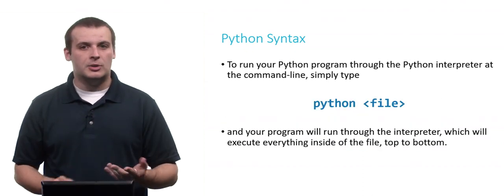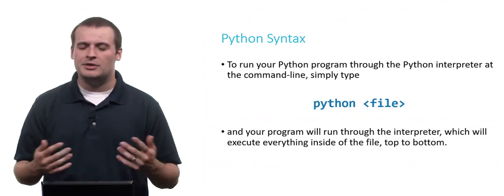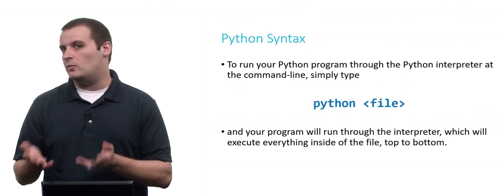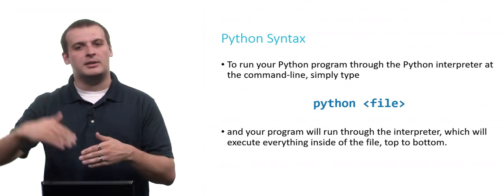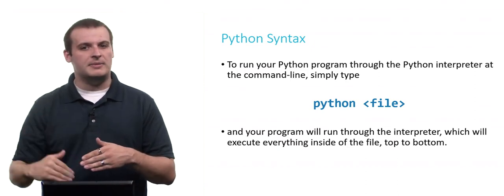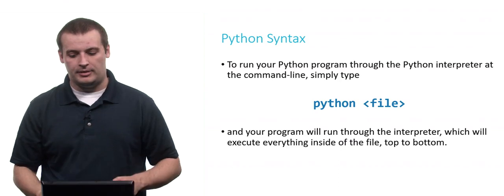To invoke the Python interpreter, particularly in CS50 IDE, but again, more generally, type python, space, and whatever file you want to invoke, and then the interpreter will open that file and proceed one line at a time, top to bottom, executing your Python code.